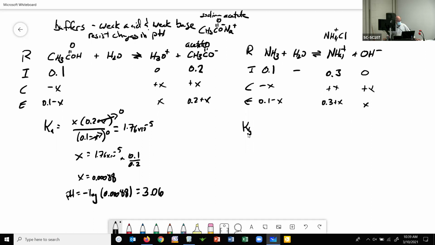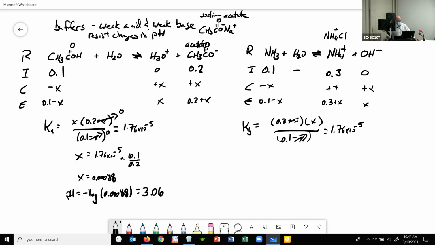So Kb equals 0.3 plus X times X over 0.1 minus X. That's equal to, for ammonia, 1.76 times 10 to the -5.